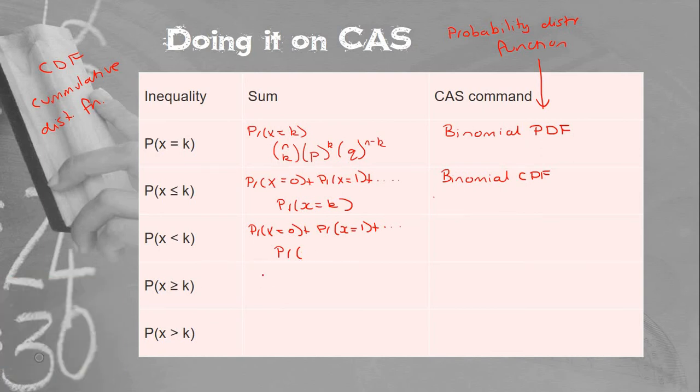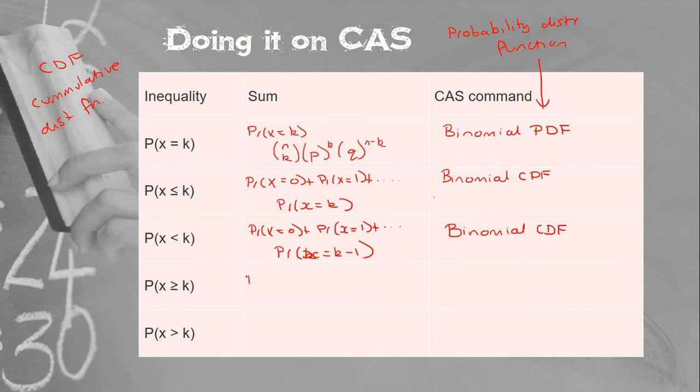Okay, what we're doing is that x will equal k minus 1. We stopped the one before. Once again, because we're adding together more than one probability, we're accumulating them. So it's again binomial CDF.